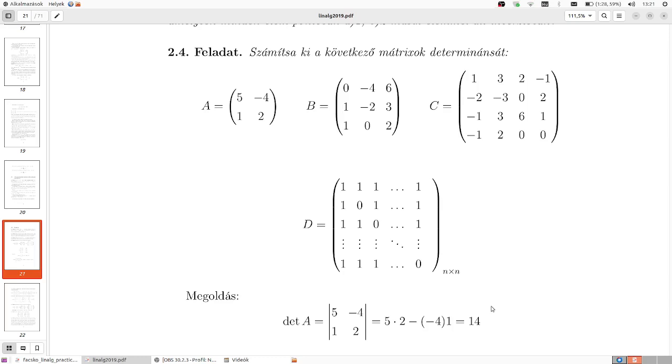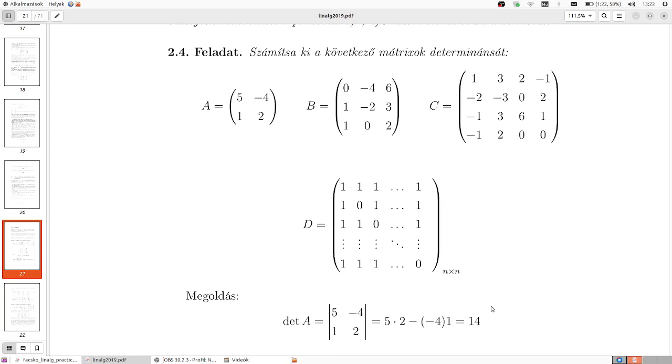Sorry, yes? We can use any row, or any column. Any row or any column, any of them, you can do it. You can choose in the middle, not only the first, the second column or the third column, or the third row, whatever you want.